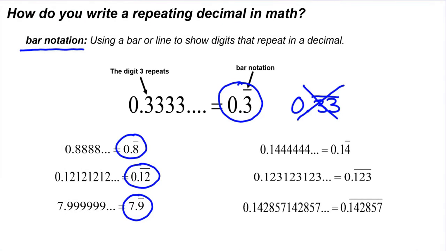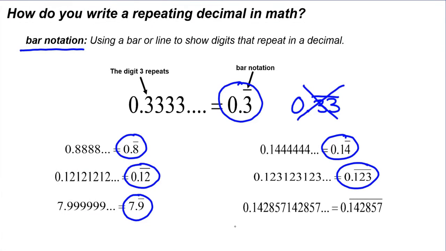We don't put the bar over the 7 and the 9, just the 9, because that's the only thing that repeats in this number. Likewise, 0.144444, we write that as 0.14 with a bar or a line written only over the 4, because that's the only digit that repeats. And then here we have 3 digits that repeat over and over again, 0.123123123123. So we have to write the 1, 2, 3 with a bar over all 3 digits.